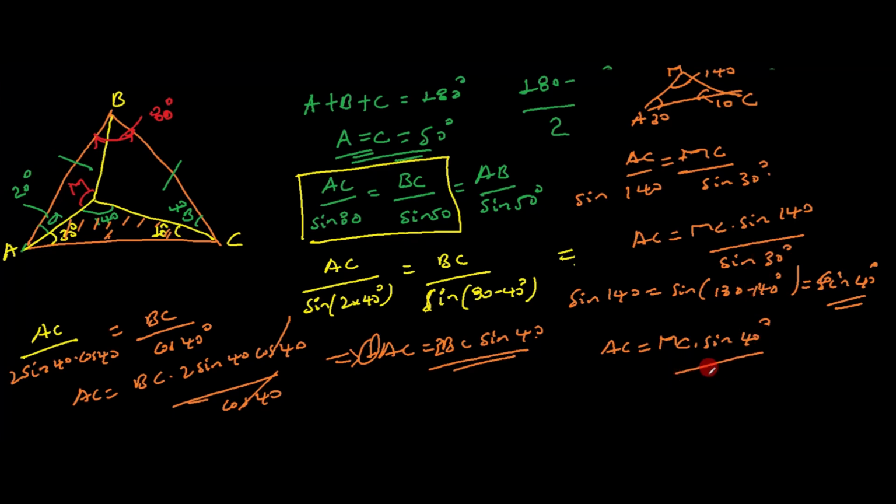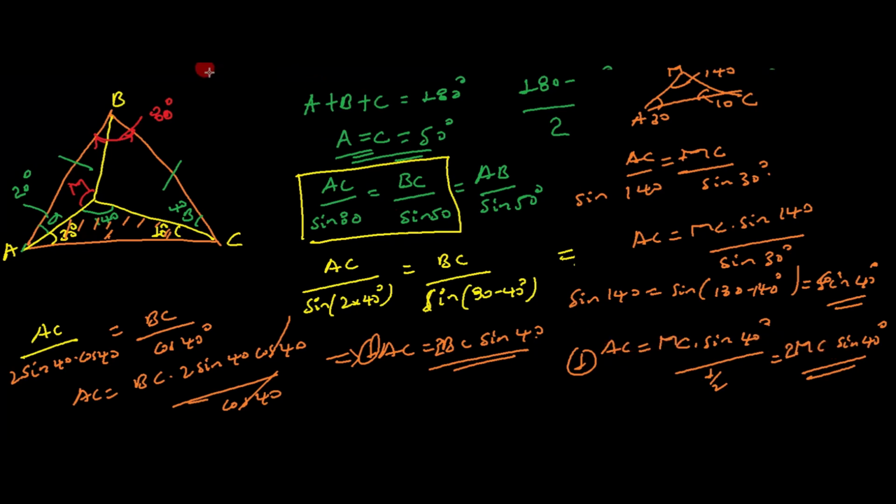Sine 30 degree is 1 over 2, right? So it will be 2 MC sine 40 degree. So this is equation 2, we find AC equals 2 MC sine 40 degree.